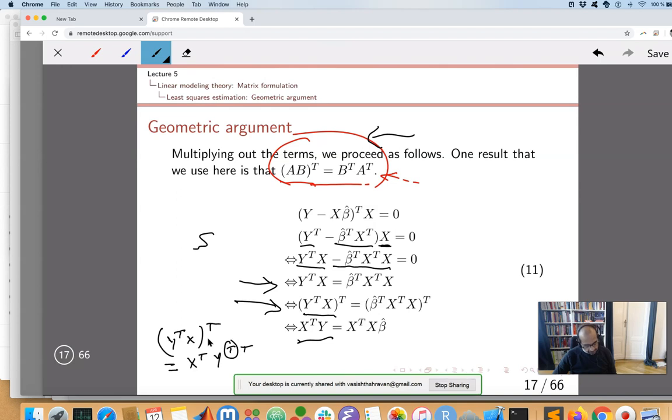So transposing a transpose brings you back the original thing. That's how I end up with X transpose Y, right? And similarly on the right hand side I do the same thing. Instead of beta hat transpose X transpose X, I end up with X transpose X beta hat. Okay, so now we are very close to the end, and you will see why this is so cool.